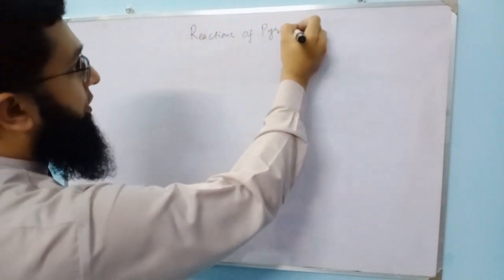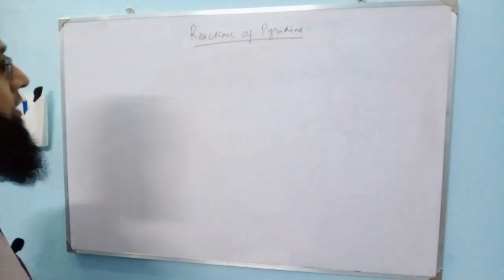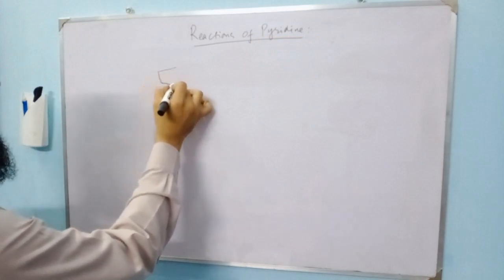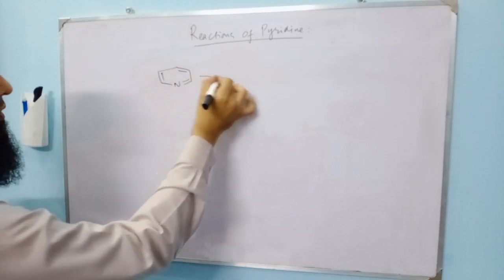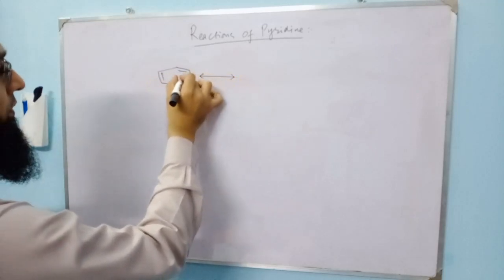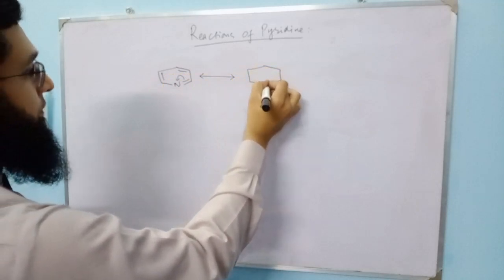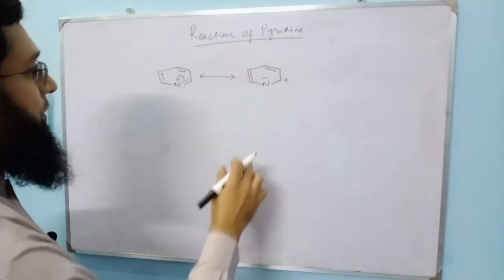In our previous video we talked about the synthesis of pyridine, and here we will see the reactions. First we see the resonance contributing structures of pyridine. First structure would be this one.